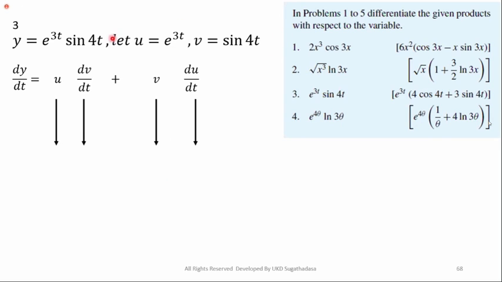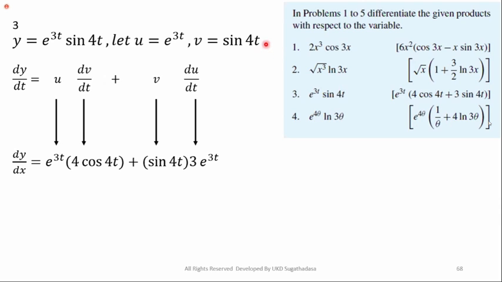Now see the answers. u is e to the power 3t. The differentiation of the v function, sin 4t, is 4 cos 4t. Every time you differentiate the sine function you get the cos function. The same thing applies to sin 4t, you get cos 4t, but it's not x, it is 4t, and differentiating 4t you get 4.